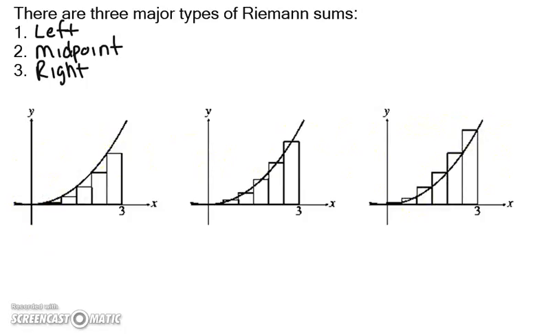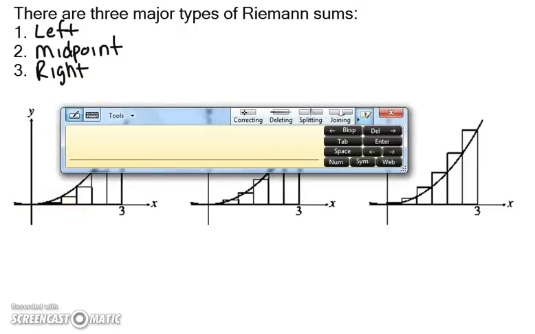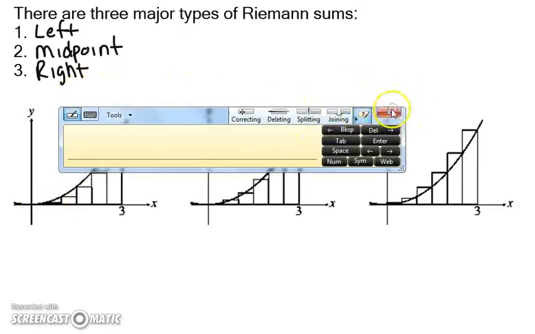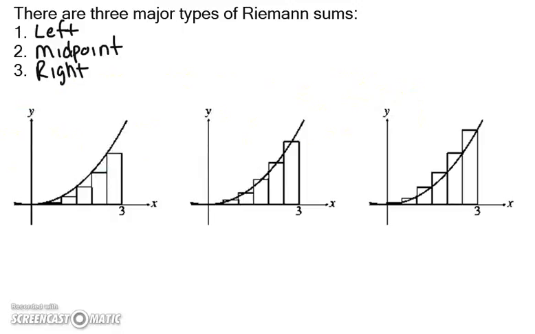Now, you can probably figure out why these things are called right, left, and midpoint, but if you look at all of these rectangles here, the left point of each rectangle is touching the function. So that's why this is a left. If you look at the midpoint on the top, on the second one, they're all touching the function, and then likewise over here, the right side is all touching the function.